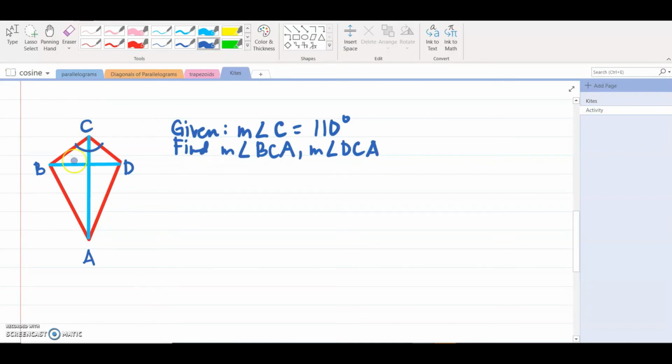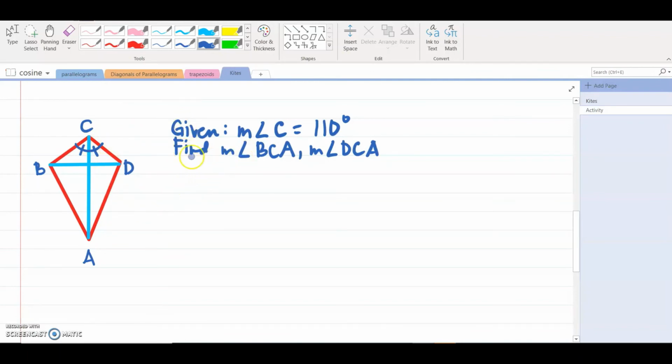So if the measure of the angle is 110 degrees, you just divide 110 by 2, since angle BCA is congruent to angle DCA.